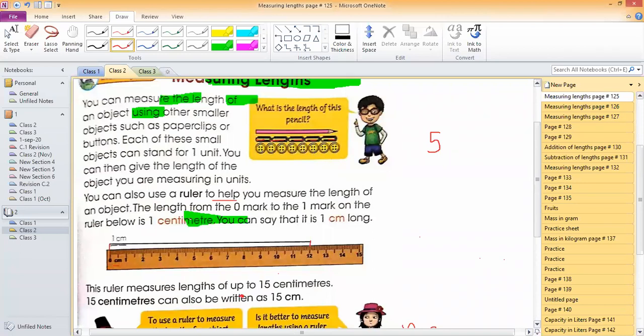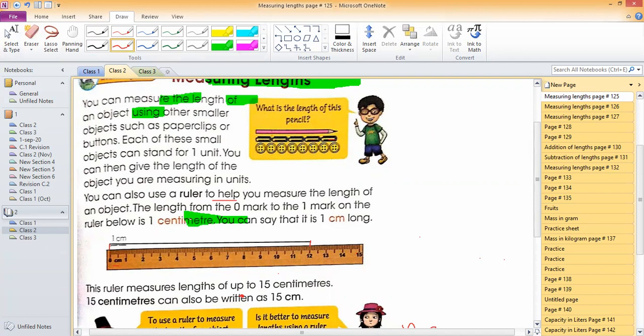How long is your pencil? My pencil is 5 paper clips long. Then maybe you measure your sister's pencil or your brother's pencil, and this is 6 paper clips long. So you will say, sir, my sister's pencil is longer than my pencil because it is 6 paper clips long. Or instead of paper clips, you can use buttons also.